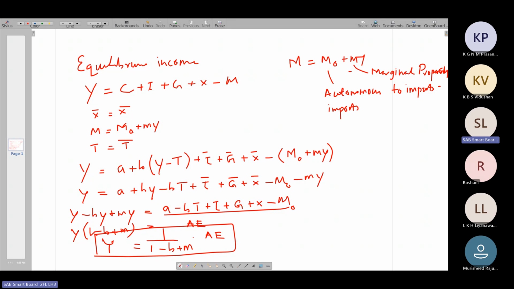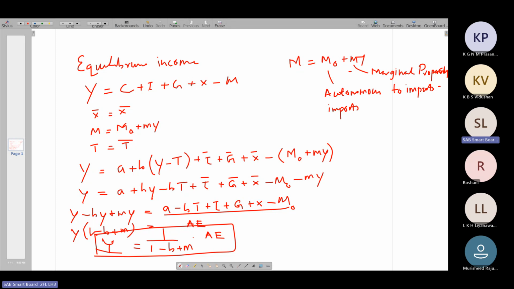Now here also, what you can see in this equilibrium equation in the open economy is that there is a set of variables: tax is there, imports there, investment there, government expenditure there. All these variables represent multiplier effects we can identify: tax multiplier, investment multiplier, government expenditure multiplier, export multiplier, import multiplier.